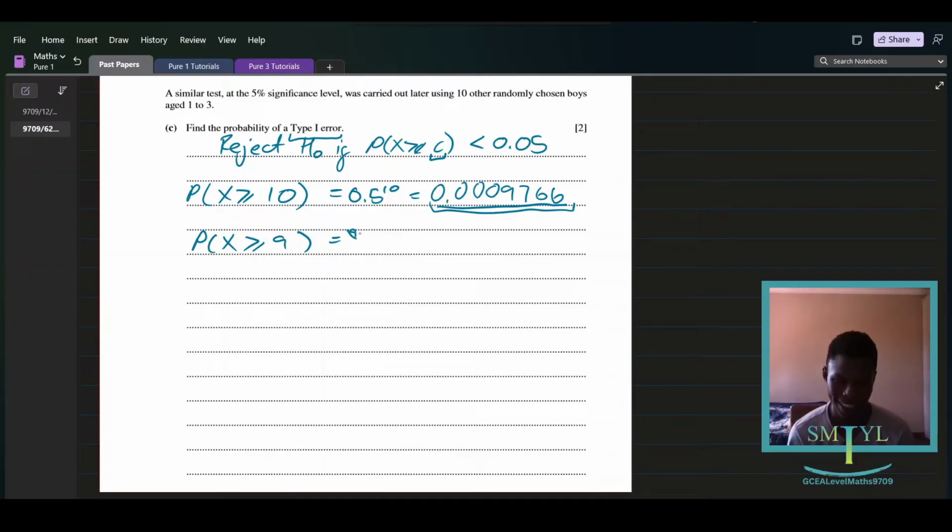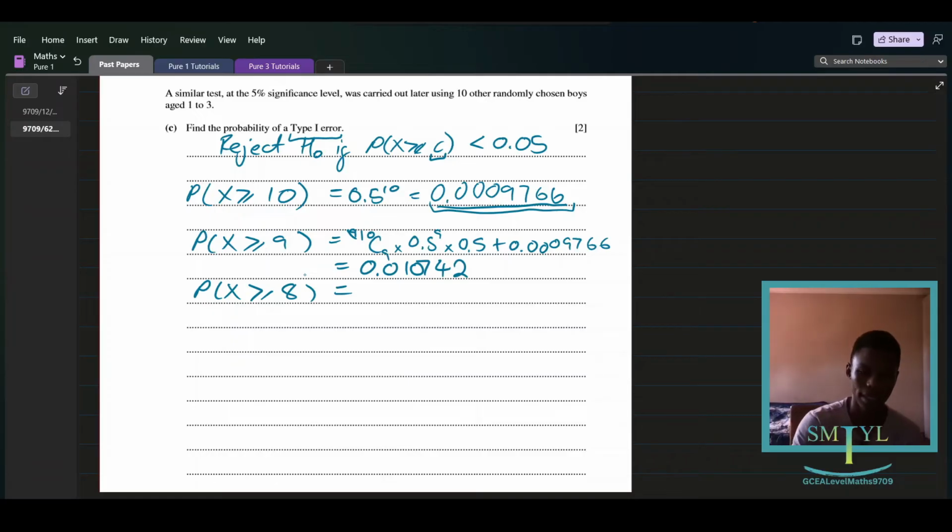So that's 10 choose 9 times 0.5 to the power 9 times 0.5 plus the 0.000976, and let's punch that in the calculator. 10 choose 9 times 0.5 to the power 9 times 0.5 plus 0.000976, and this gives us 0.01710742 and so on.